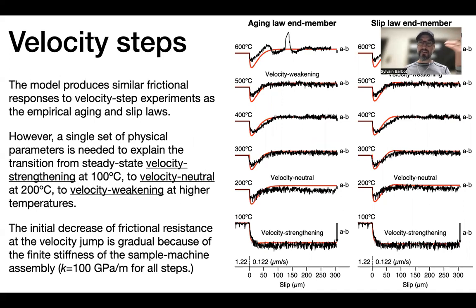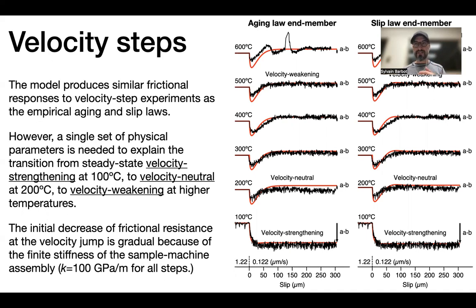The laboratory data are actual time series of the evolution of friction as a function of cumulative slip during velocity jumps. So we can look at this directly. So what we see in these experiments, so these are conducted for velocity downstep.